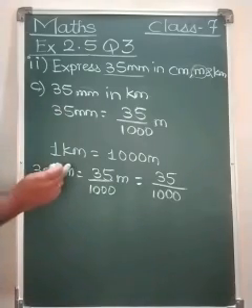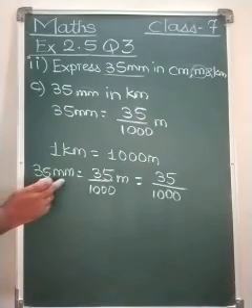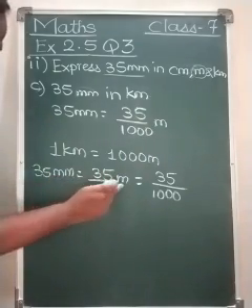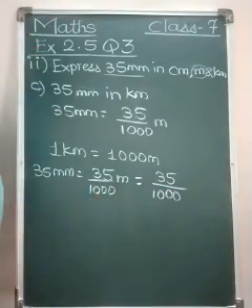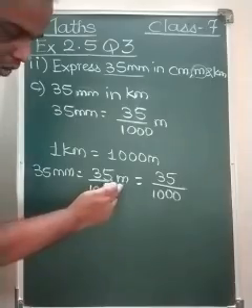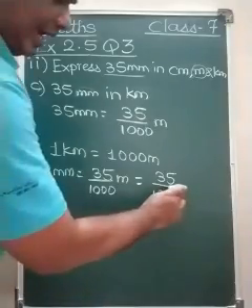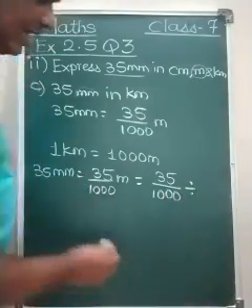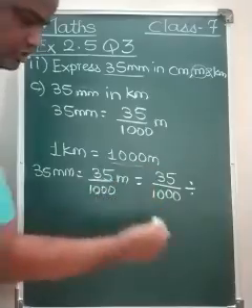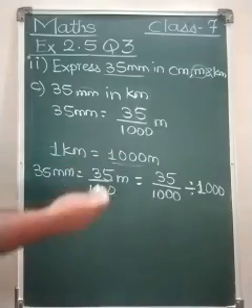Now we are converting meters into kilometers. We are going from meters to kilometers. That is small to big. So going from small to big, we will divide. So here division sign would be there. Divide with what? With 1000. And then just we have to solve it.